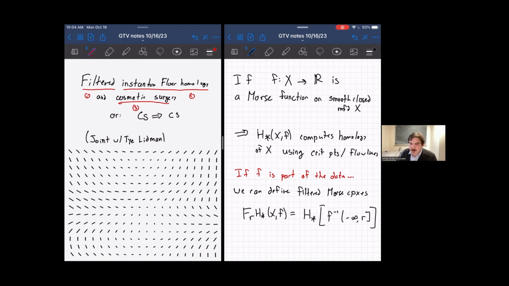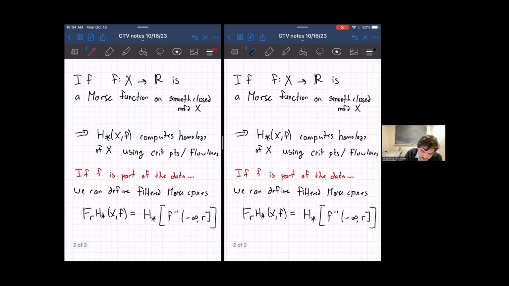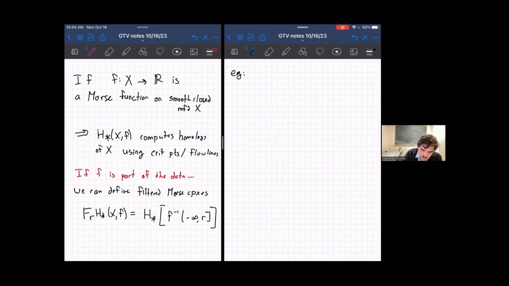If you want to cut off your complex at level R, just throw out all the critical points whose value is larger than R. In practice, if I'm drawing a picture of this, I take, say, the two sphere, where F is the standard height function.